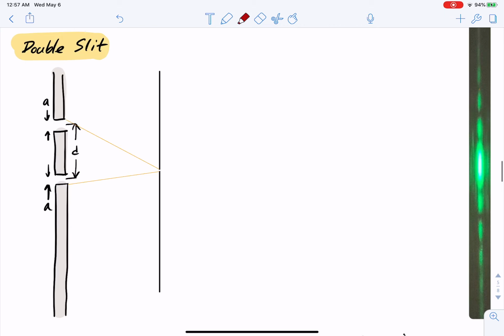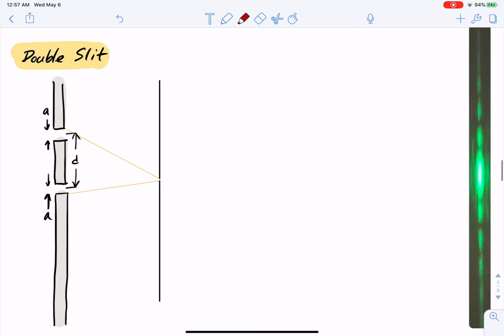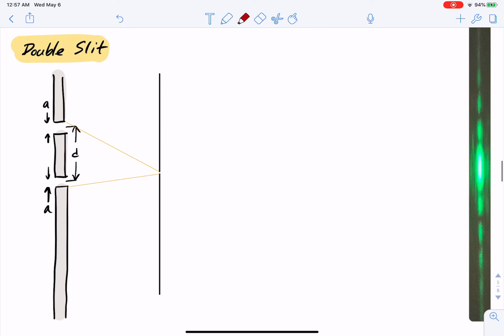Okay, so what if you took 2 of those slits and put them fairly close to each other? So here's one slit, there's the other slit. Imagine that I've shrunk them down so they're actually very small.